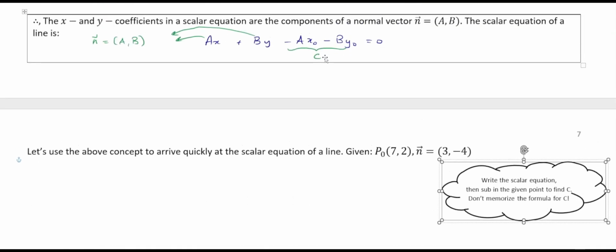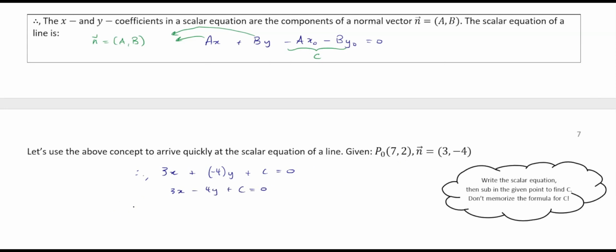I have my normal vector (3, negative 4), so that's going to be my a and b. So I will say, therefore, 3x plus negative 4y plus c is equal to 0, or 3x minus 4y plus c is equal to 0.